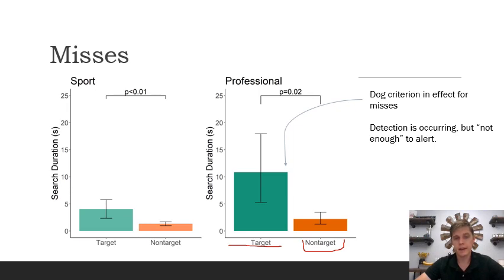In other words, there was some detection occurring because they were sniffing at it and showing more investigation there, but what they were detecting didn't quite meet that criterion threshold. It wasn't above it, so they did not alert to it. In fact, they were just below that criterion threshold. So there was some level of detection, but not really enough, which indicates to me that those dogs' internal criterion is probably an important thing to define and better understand.